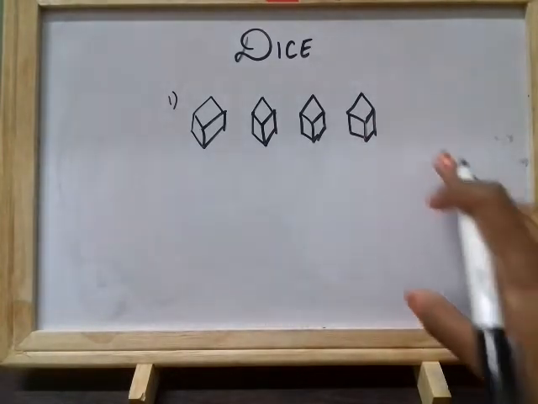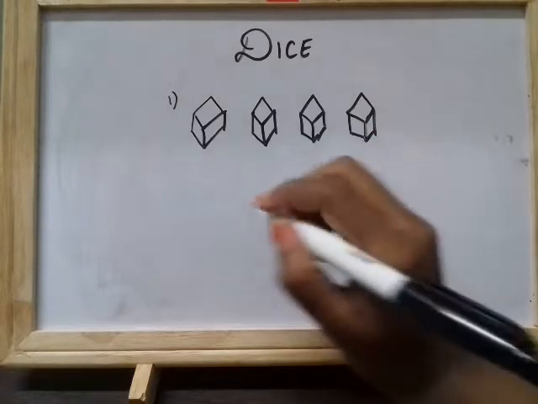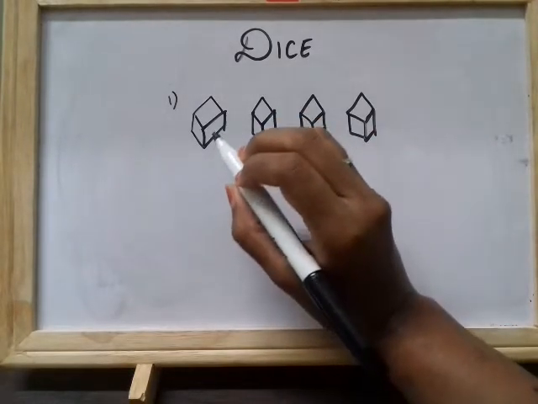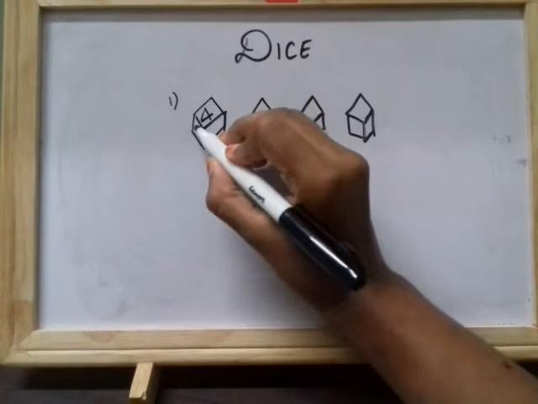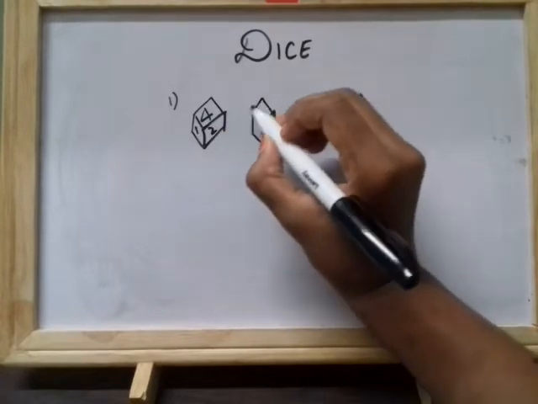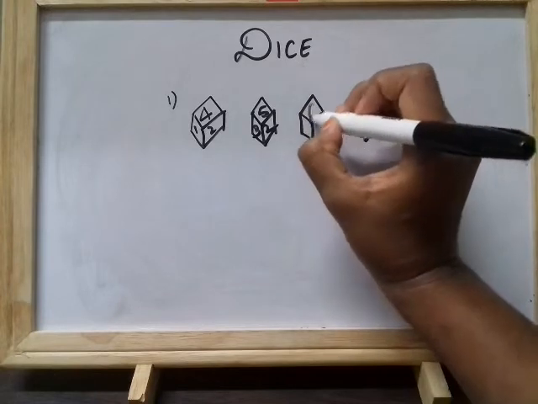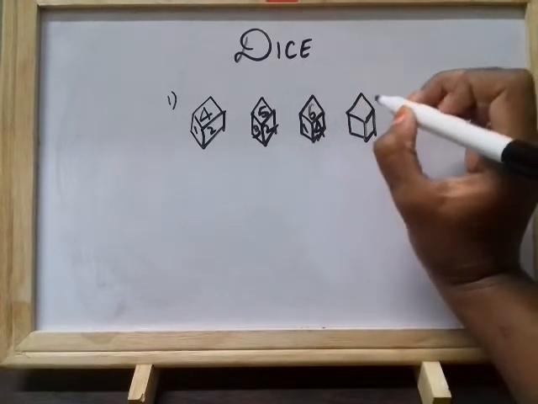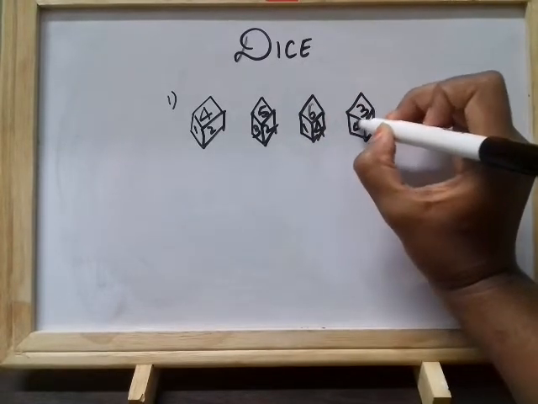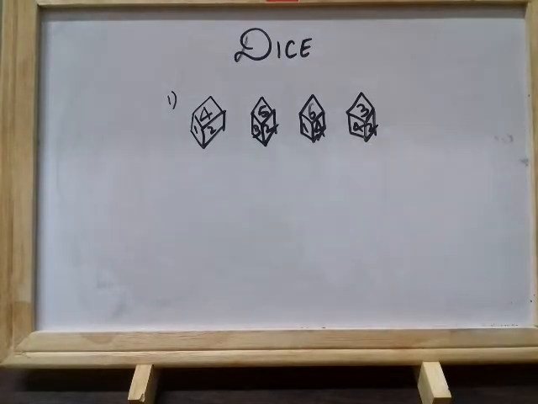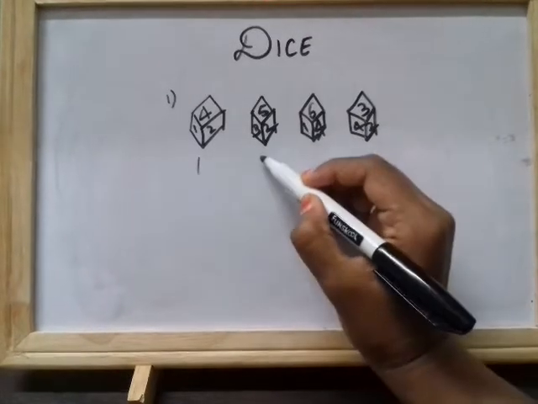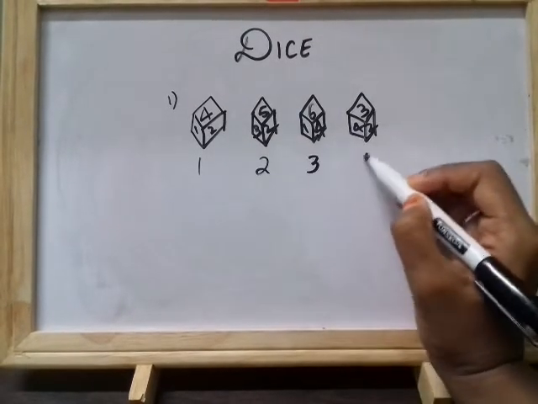These are the 4 dice placements where the numbers are 4, 1, 2, 5, 3, 2, 6, 1, 4, 3, 4 and 2. When the numbers are like this, then you need to number the placements with 1, 2, 3 and 4.